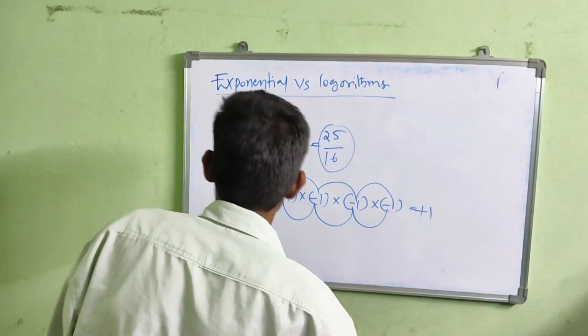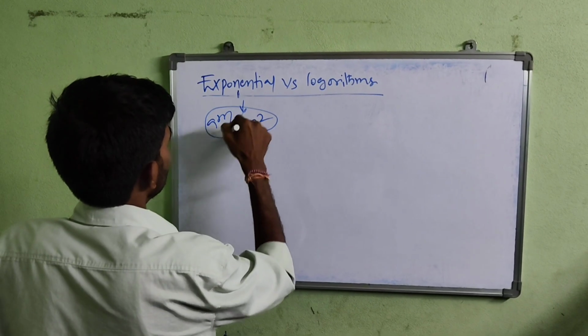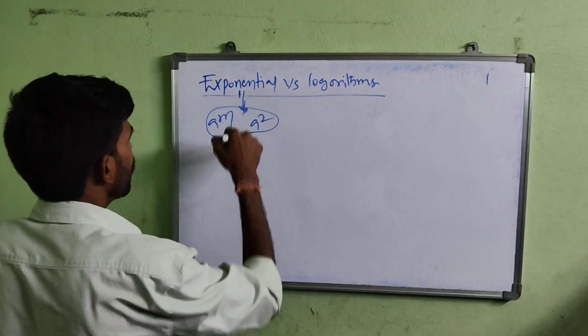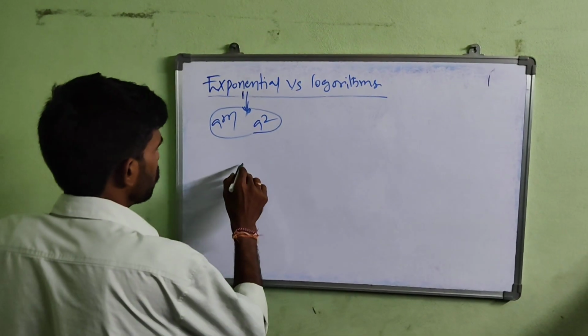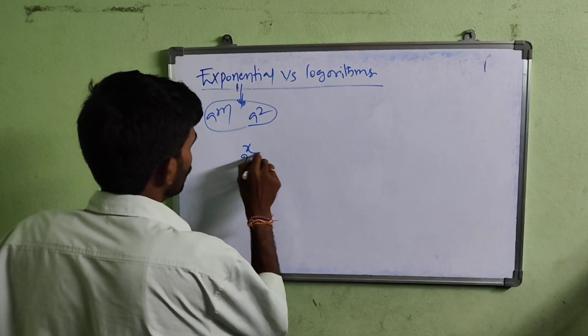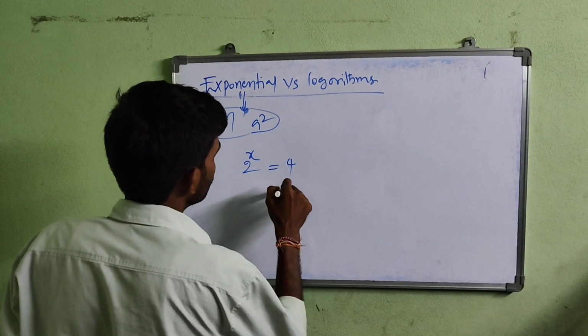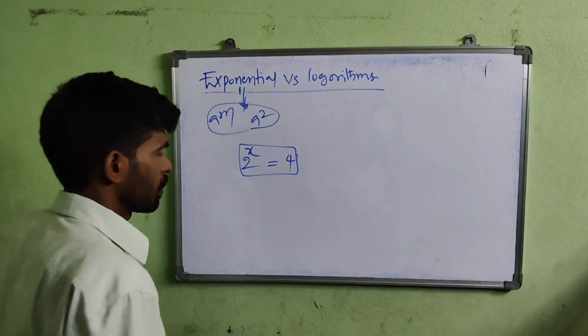Okay, these are very simple. A square, these all are coming under exponentials. Now, for example, here 2 power x equal to 4 is there. What is the value of x?